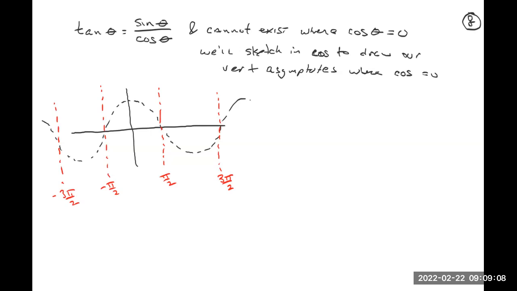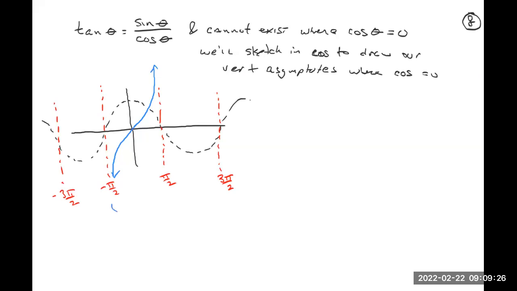Tangent then is this kind of lightning bolt sort of a shape, rising up out of negative infinity towards positive infinity, passing through the origin.